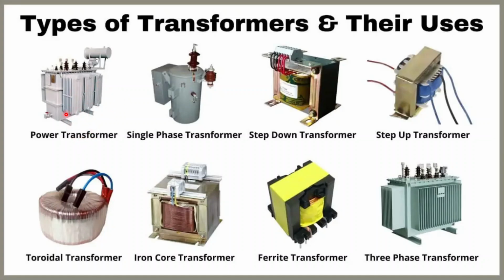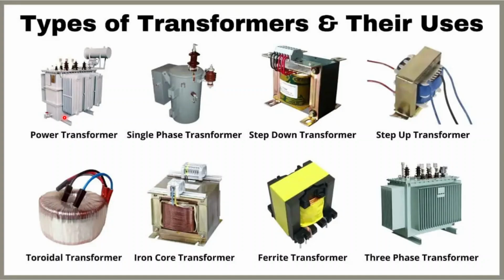What is the use of the power transformer? It can be used for the electric utilities and the industrial plants. In the electric utilities, they are primarily used in electrical grids for transmitting electricity over long distance.